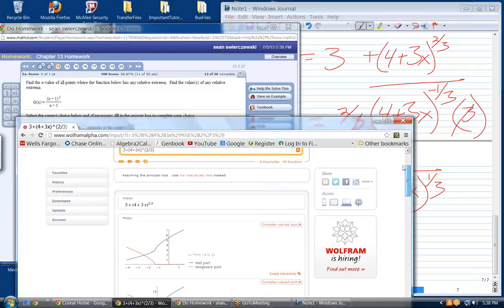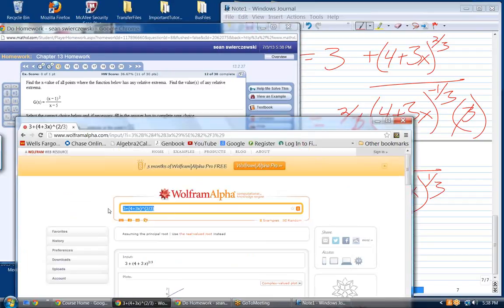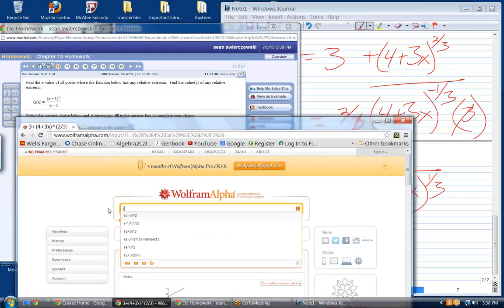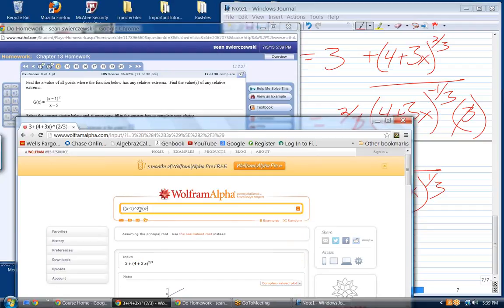Now let's start by graphing it. Quantity x minus 1, quantity raised to the 2, and I think I may need more parentheses here. Quantity x minus 1 raised to the 2, all divided by parentheses x minus 5.